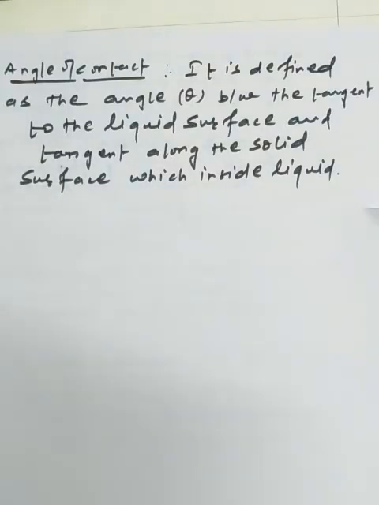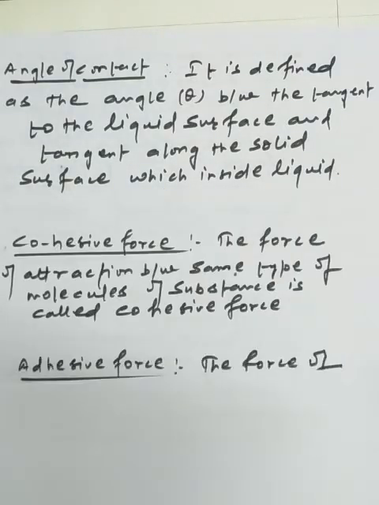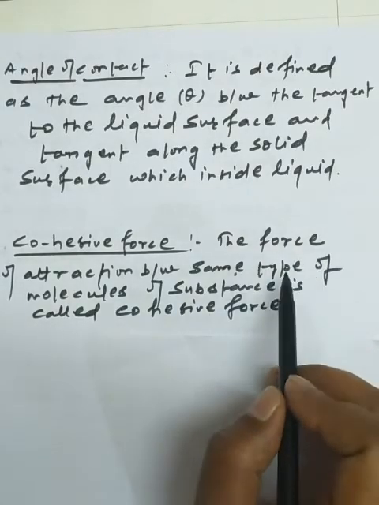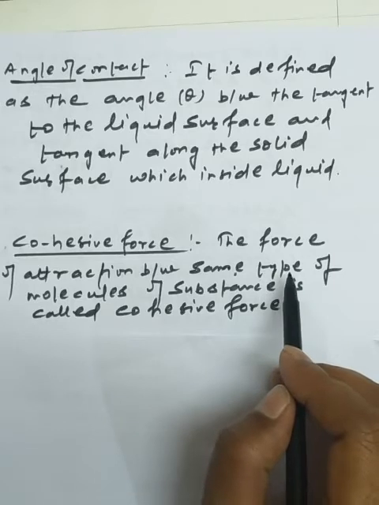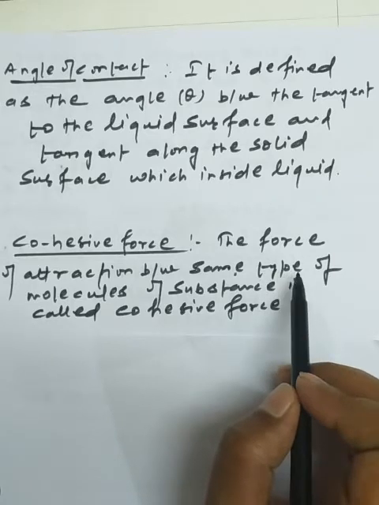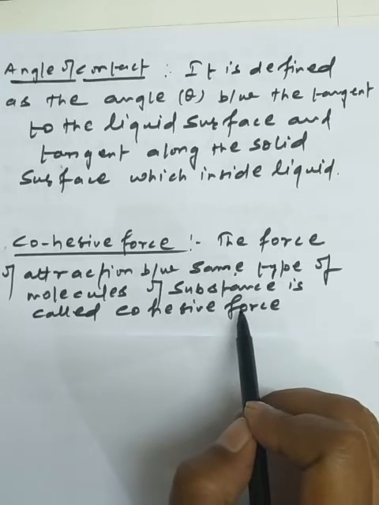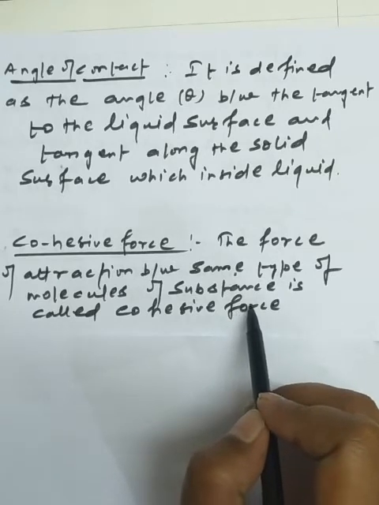Now we are talking about the meaning of cohesive forces as well as adhesive forces. The force of attraction between molecules, you have already studied in chemistry. We are studying these forces here because they decide the nature of the angle of contact.